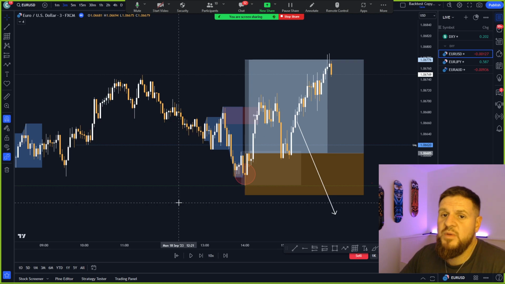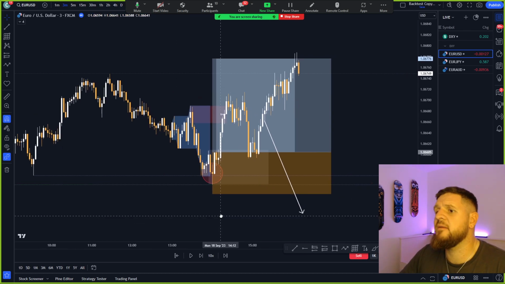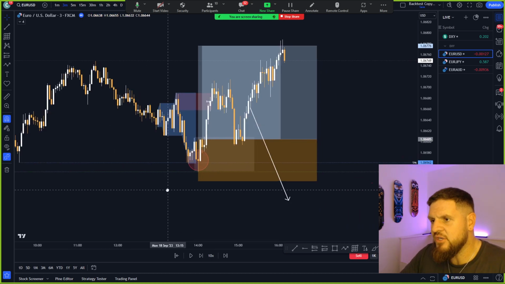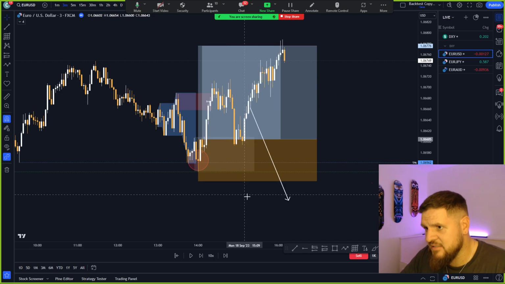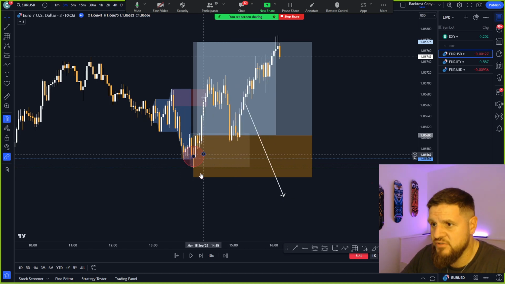Might be a liquidity sweep for a swing trade, but for a day trade, it's not a liquidity sweep that I'm interested in. I want to be on the lower time frame, and I want to see price really clearly rejecting a liquidity area. So if price did come down and pushed past this, what it would probably do is push candles past this, not just wicks.